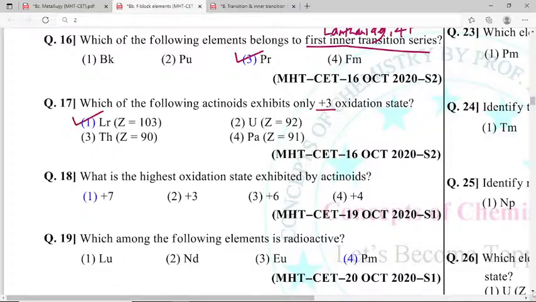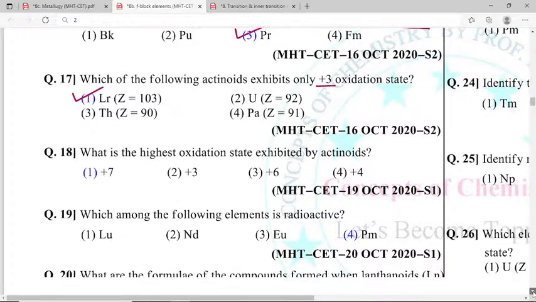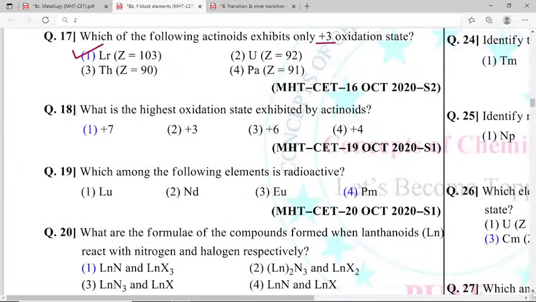Lawrencium shows only +3. Okay, what is the highest oxidation state exhibited by actinoids? Actinoids show a highest oxidation state of +7.